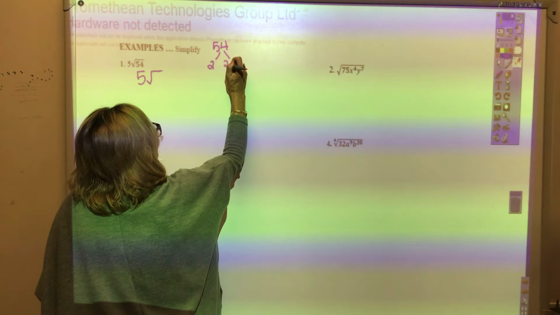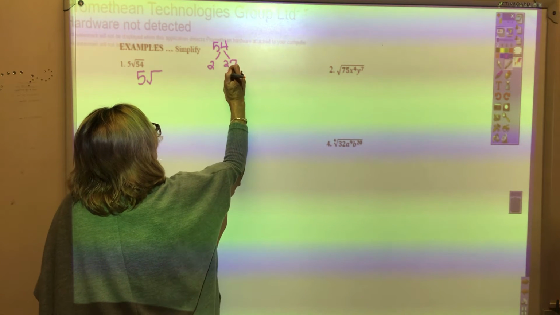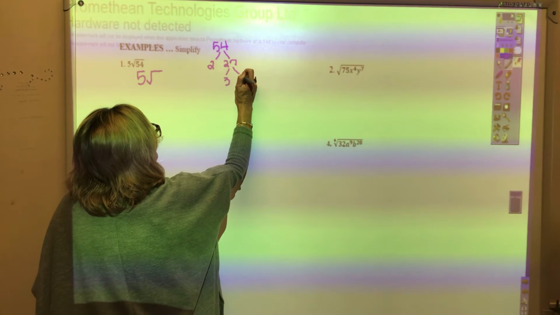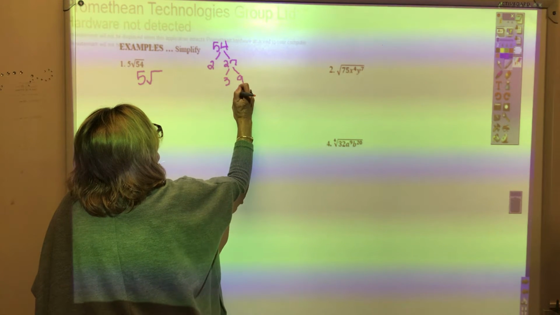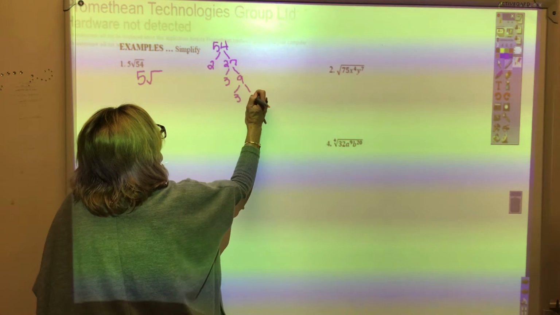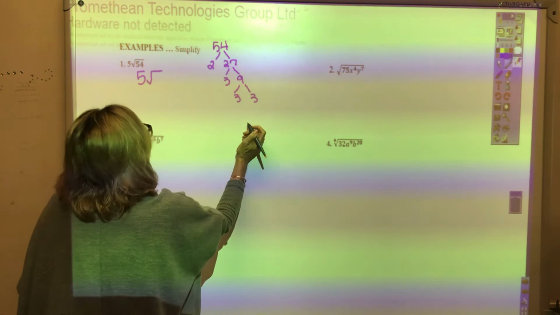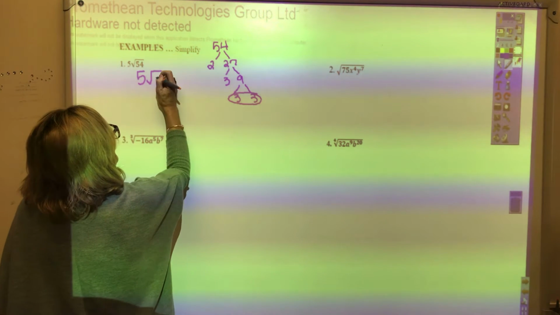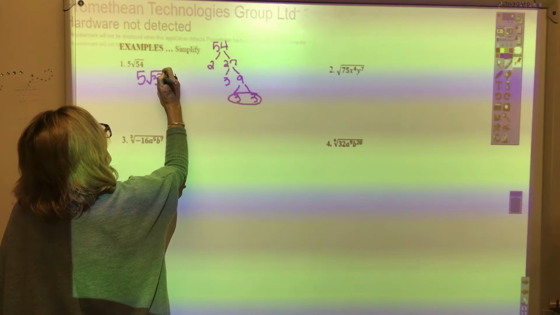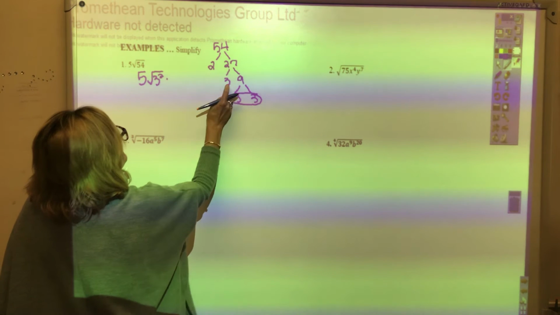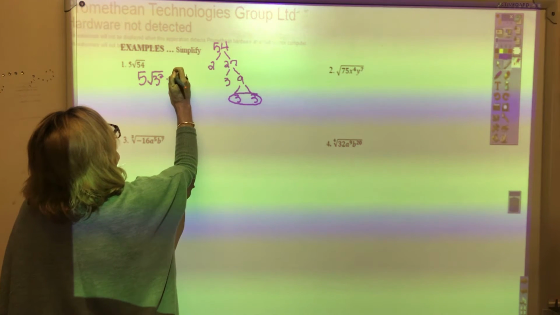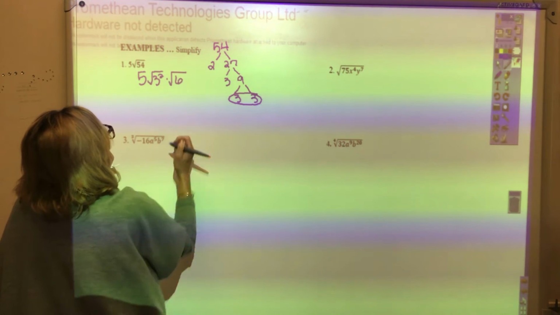2, 27, 3, and 9, and 3, and 3. So as you can see from here, you can make 3 squared, and the others you can't do anything with other than multiply them together, and that would be the square root of 6.